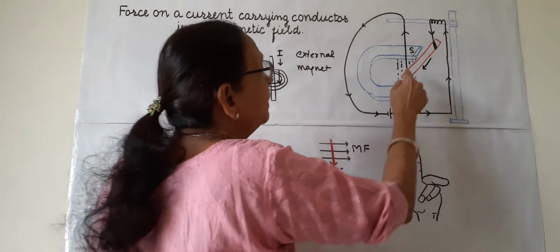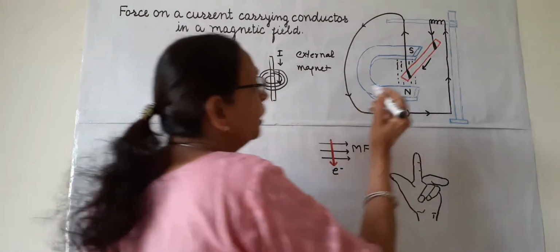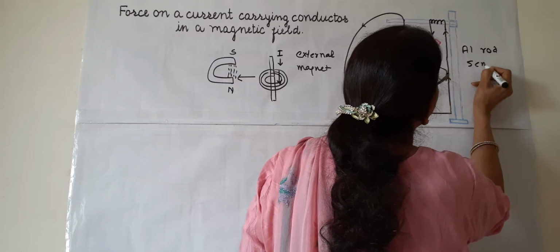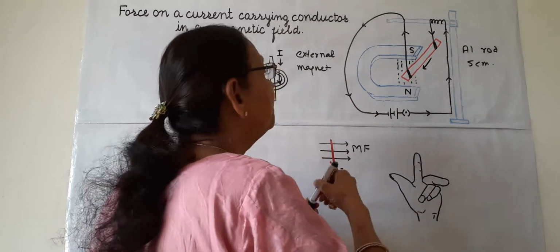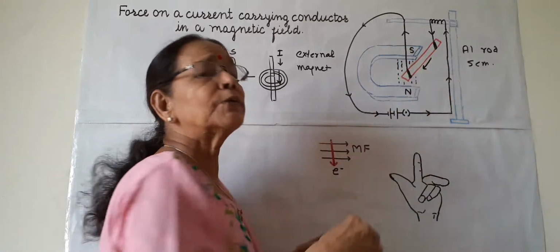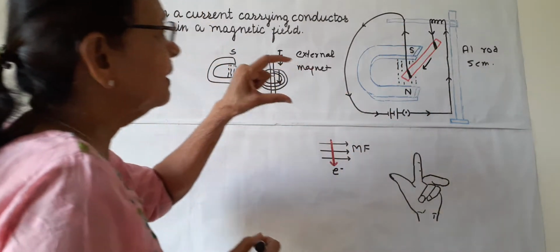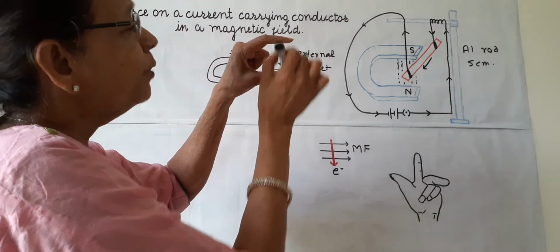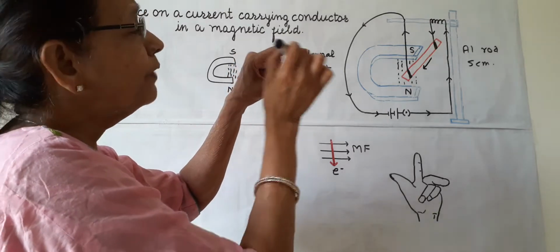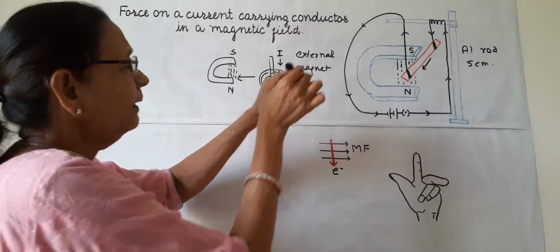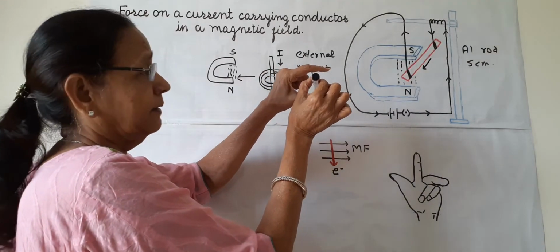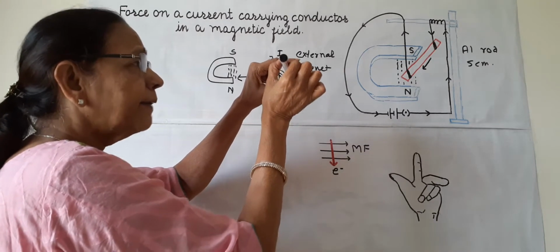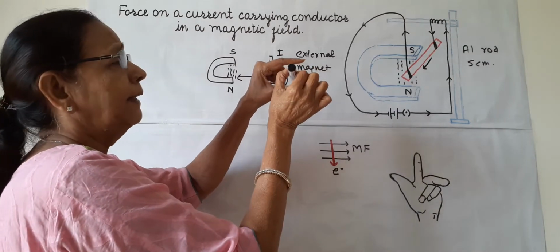This red colored rod is an aluminium rod around 5 centimeters in length, and it is placed between the two poles of this magnet, perpendicular to the magnetic field of the magnet. This rod is horizontal in position and at right angle to the field of this magnet, like this.